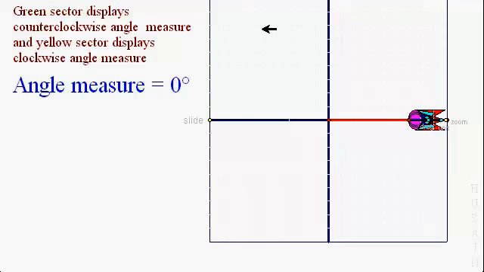When the terminal ray of an angle rotates in the same direction as the clock's hands rotate, the angle of rotation is called clockwise rotation, and when it rotates against the direction of the clock's hands, it is counterclockwise rotation.